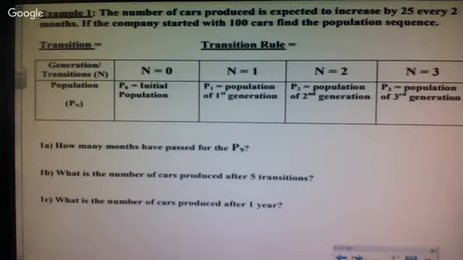All right. So the number of cars produced is expected to increase by 25 every 2 months. If the company started with 100 cars, find the population sequence. Okay. So what's my initial population? 100.